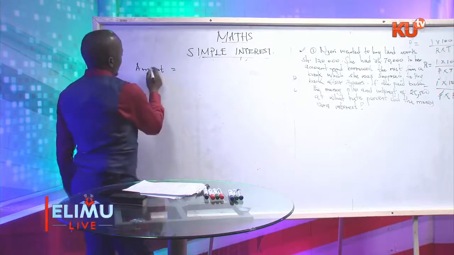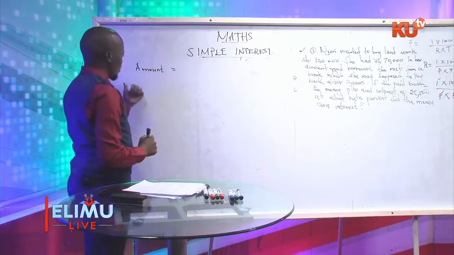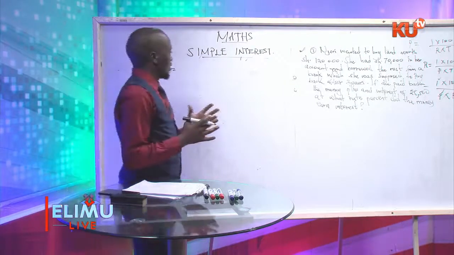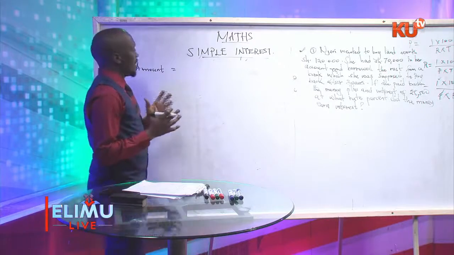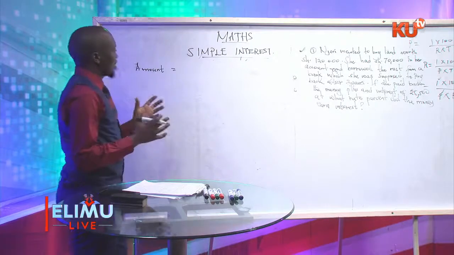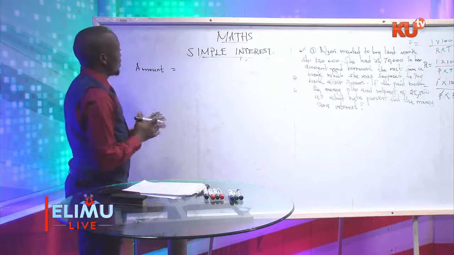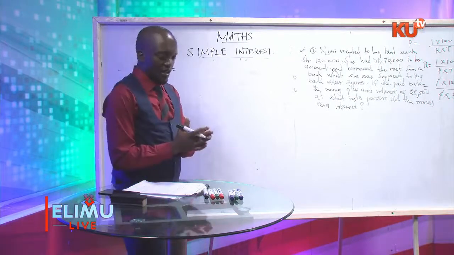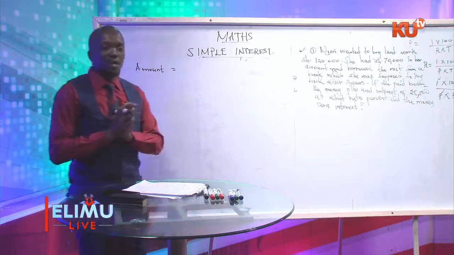And the formula of getting amount, and even from English itself, you should know that amount is everything put together. So after working out the simple interest, after working the interest and knowing the principal and putting these two items together, that is what forms the amount.